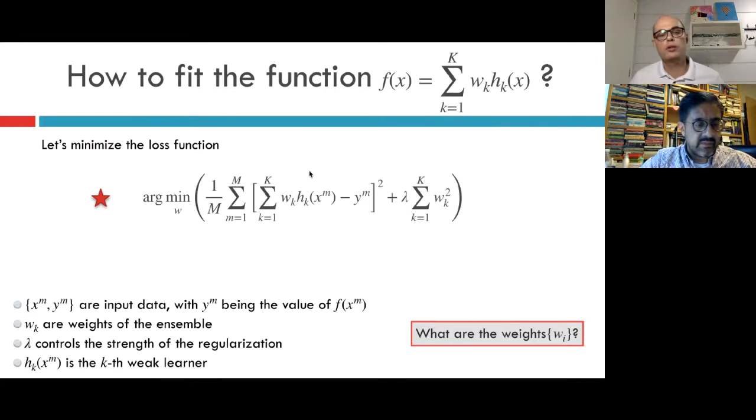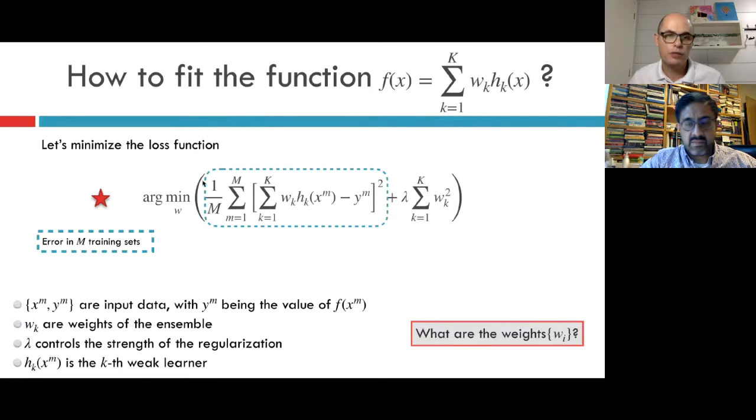So our work here to find the value of x is to minimize this quantity, where the first term means the error in M training sets. We are performing an average over M training sets. Here, XM and YM are input data.